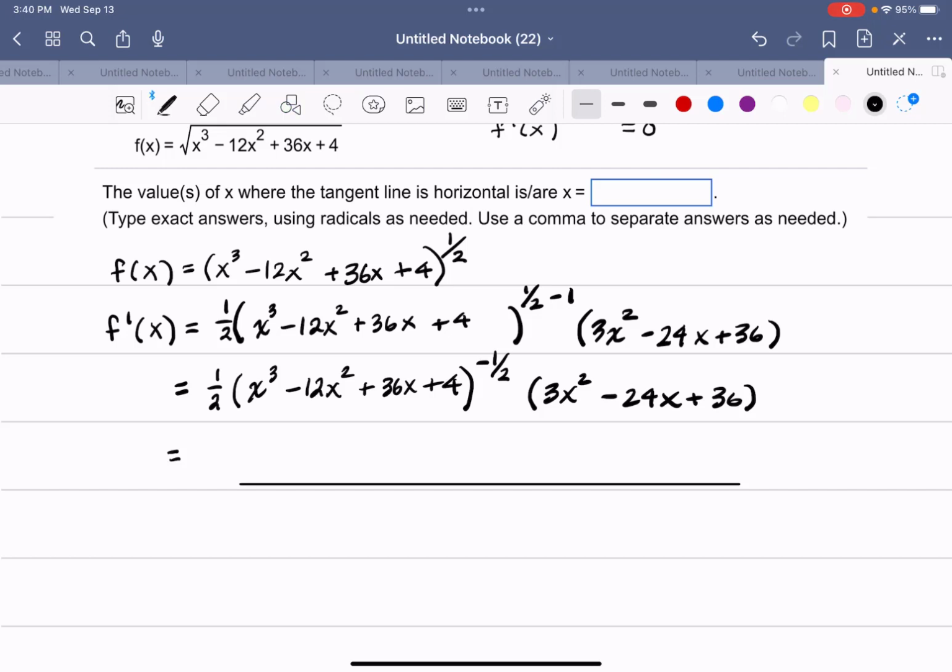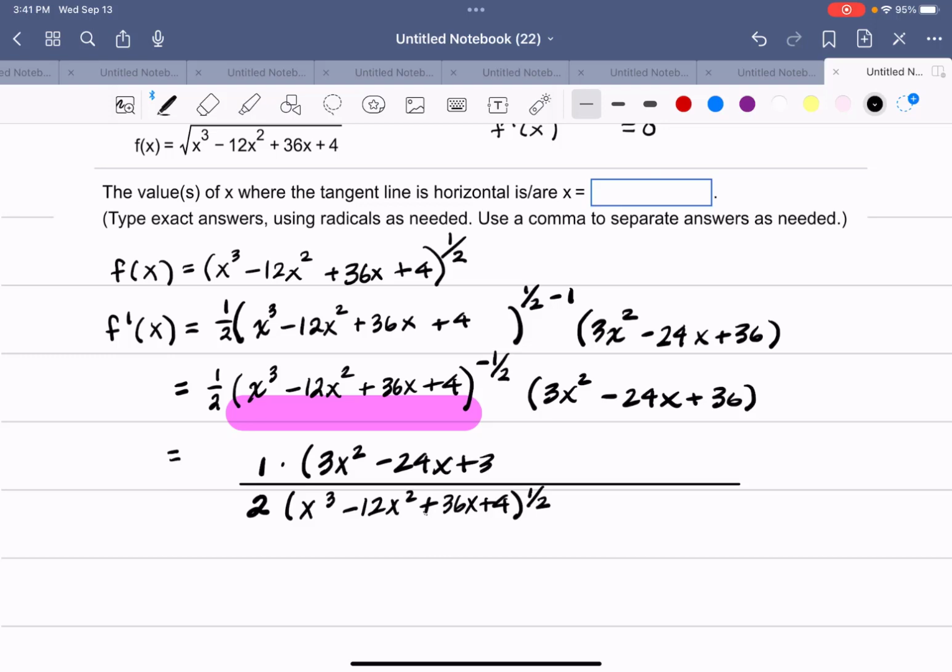So my 1/2 is going to be a 1 on top and a 2 on the bottom. I don't have to write the 1, but it won't hurt to write it. This expression with a negative exponent is going to go to the denominator, x cubed minus 12x squared plus 36x plus 4, to the 1/2 power. And then in the numerator, the factor 3x squared minus 24x plus 36 is going to be times that 1.